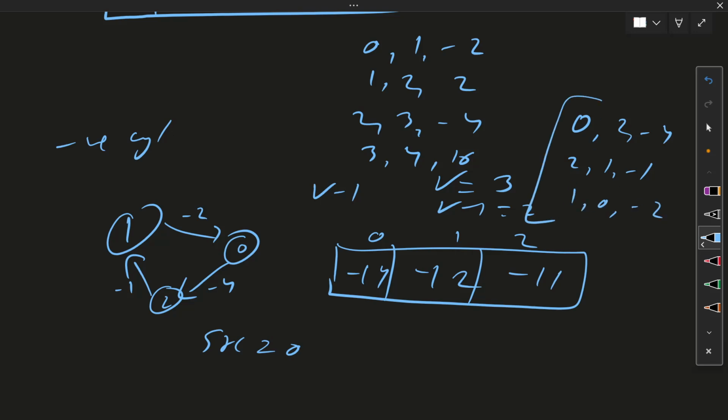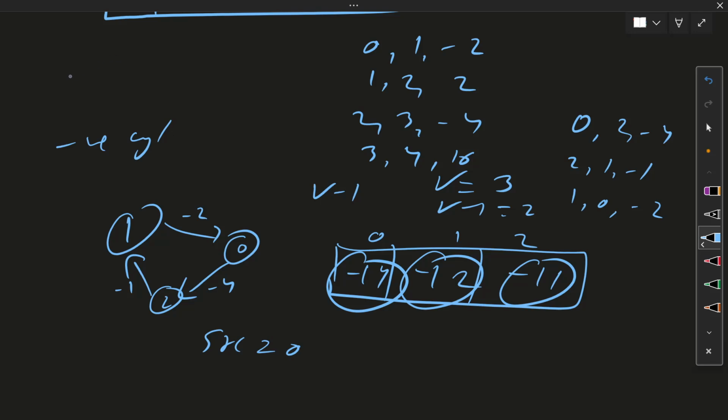If I do this iteration one more time and any of these values change, then we will detect there's a negative cycle, because it will change the value only if a negative value is present. We are changing the distance only and only if a negative value is there.